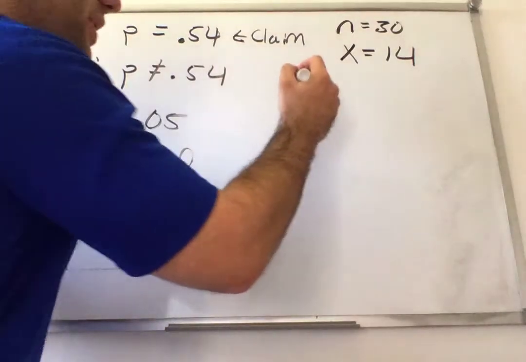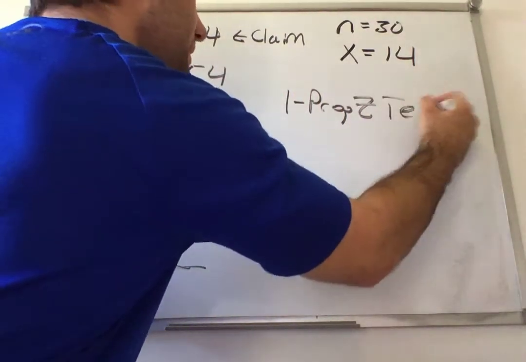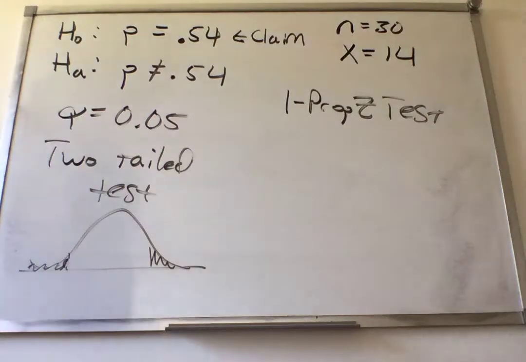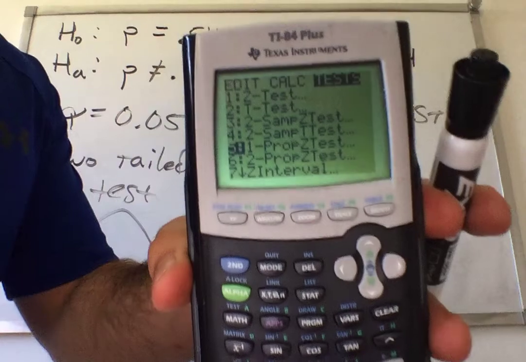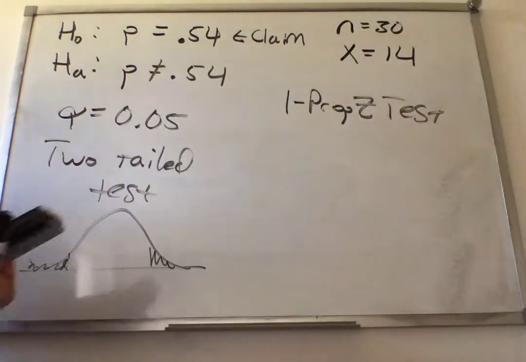So this is when we use 1 proportion Z test. It's located in the same spot as the other tests. So you hit stat and go over to tests, and it's option number 5. 1 proportion Z test. Hit enter.